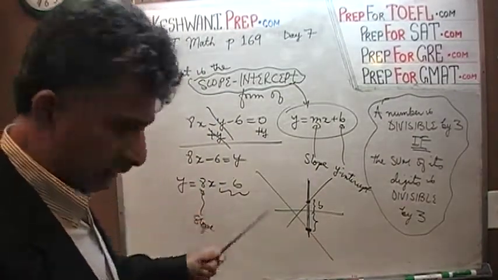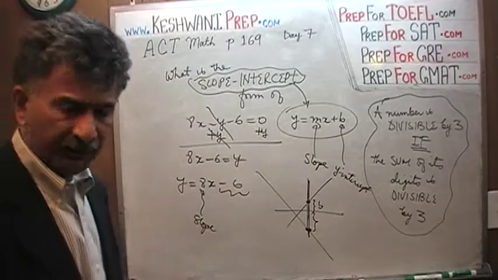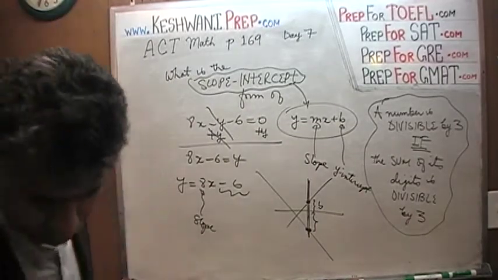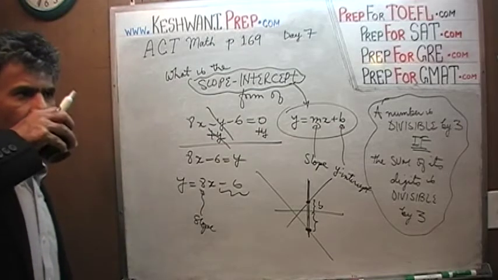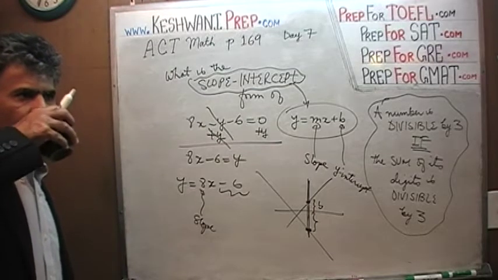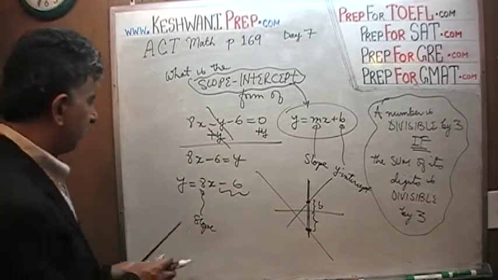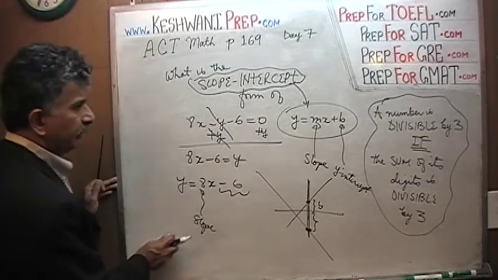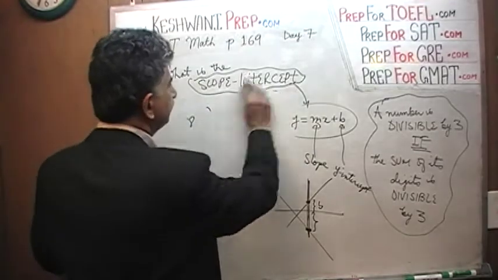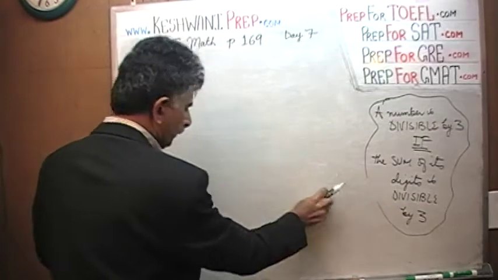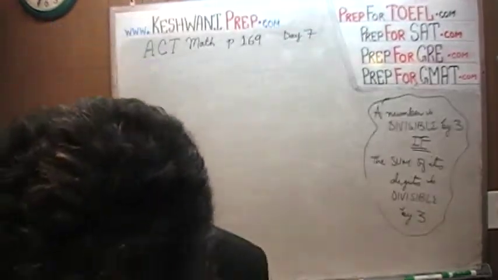That's the answer, 8x minus 6. Whichever answer choice agrees with it, that's the answer, okay? You can do the matching of the letters yourself. We are done with this one. And that is known as the slope intercept form of the equation.